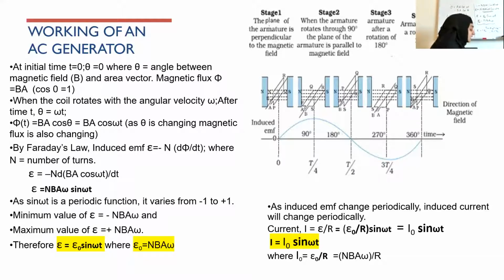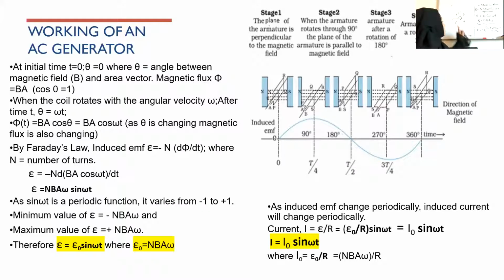All silver teacups, have you learned about that? 0 to 90 degree, all functions will be positive. 90 to 180, only sine will be positive. 180 to 270, sine will be negative, only tan will be positive.